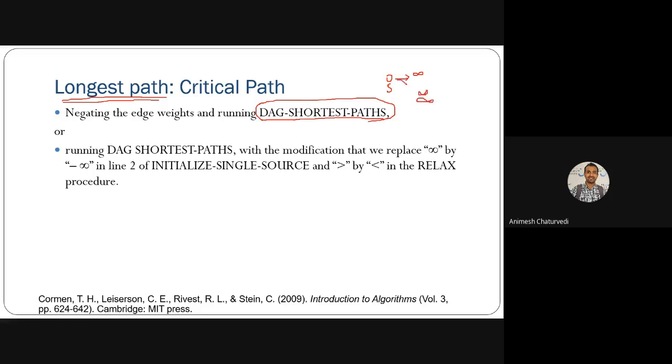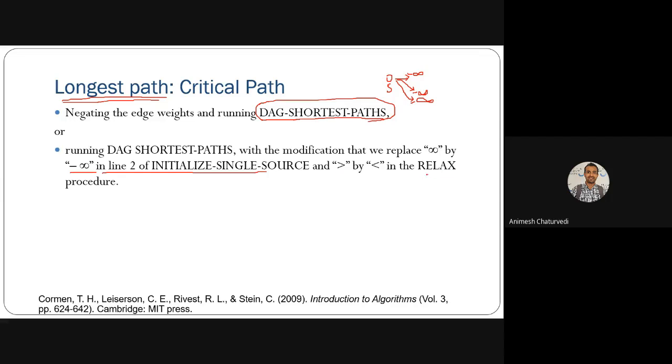So first you have to replace this infinity with minus infinity. All these are replaced with minus infinity. This minus infinity would represent those negative values. And the initialization is done with minus infinity.